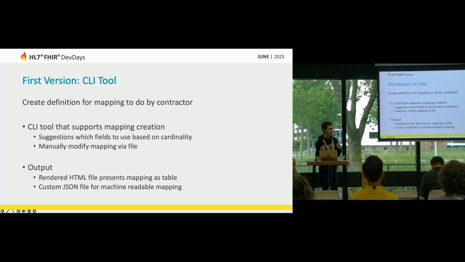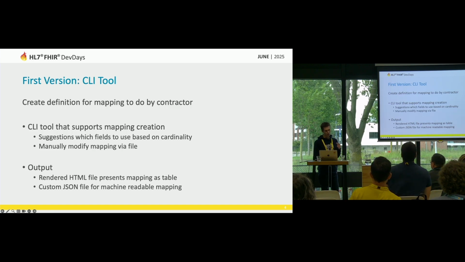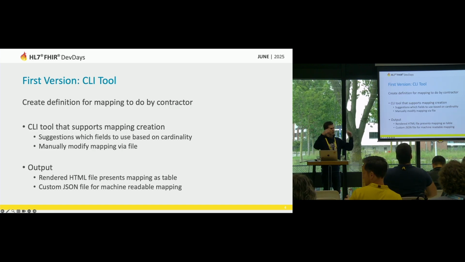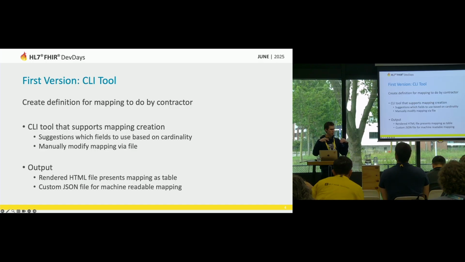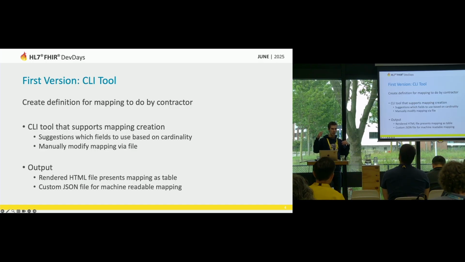Then you could modify this with a file where you say, I want to modify this element, so this element should not be mapped, or this should be mapped to another field. The output was an HTML file that gives you a table view for each element: what should happen with this element? And we also had a custom JSON file that has this information in machine-readable form.